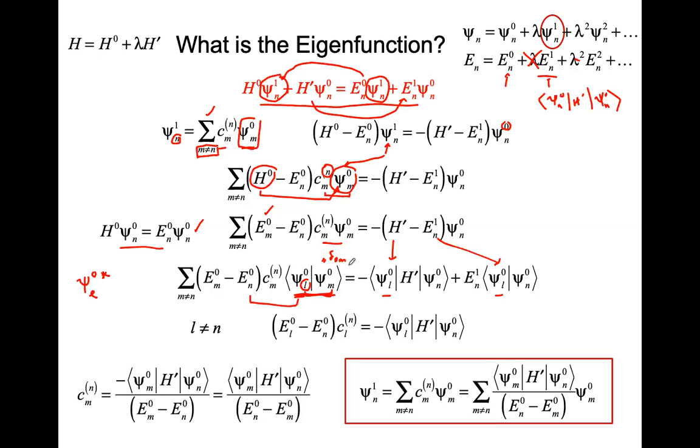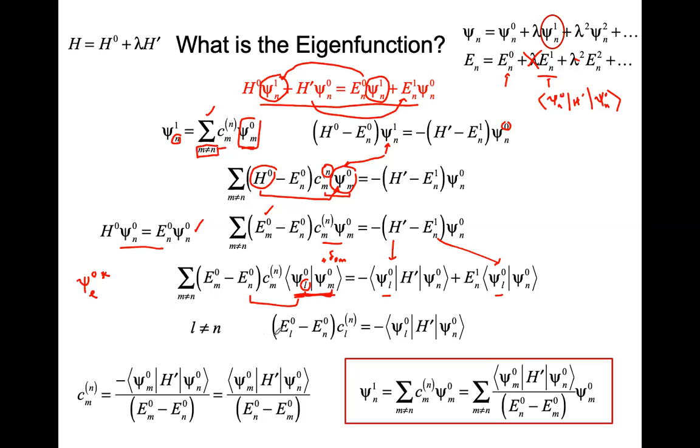Since that's the Kronecker delta, L has to be equal to M for this not to be zero. And if L is equal to M, N can't be equal for reasons we'll see in a second. Well, L and N can't be equal either. So that collapses this sum down a little bit.